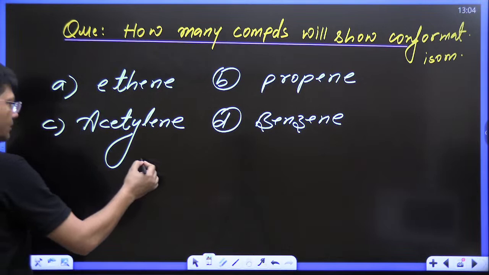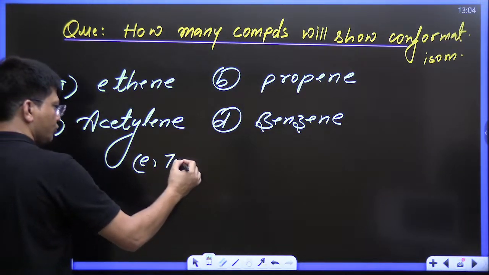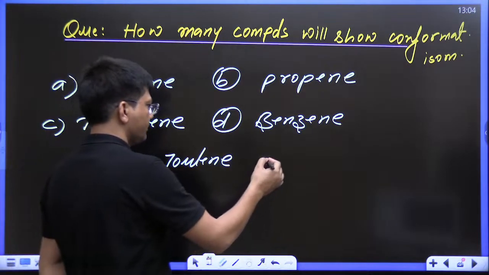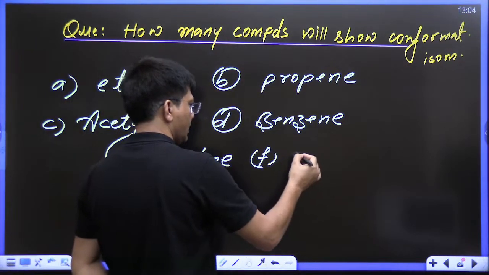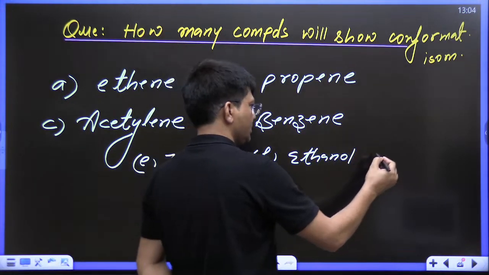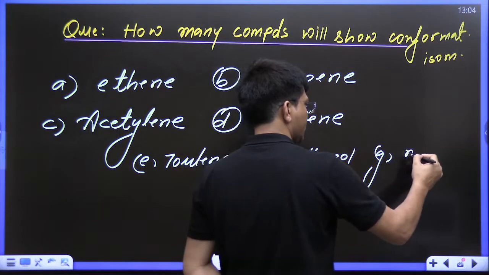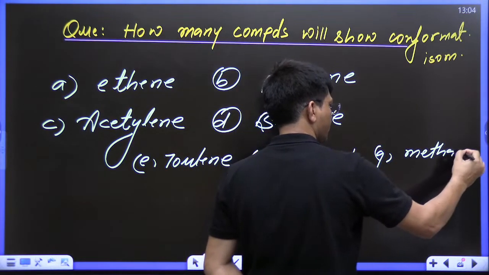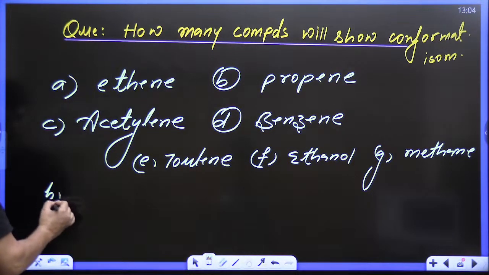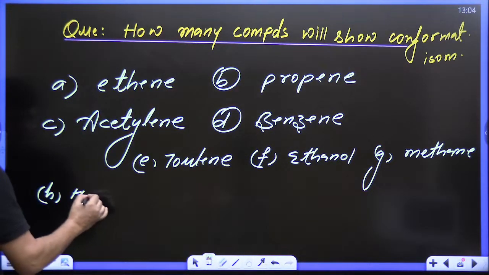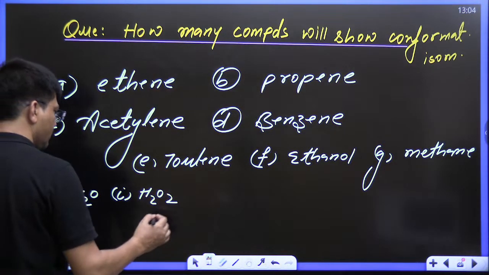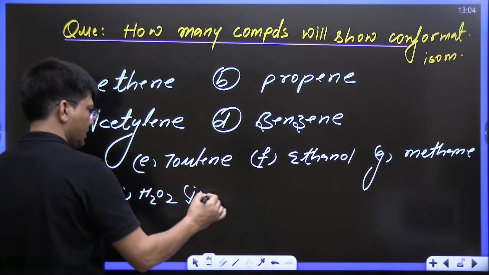F. Ethanol. G. Methane. H. Water. I. Hydrogen peroxide. J. Ethane.